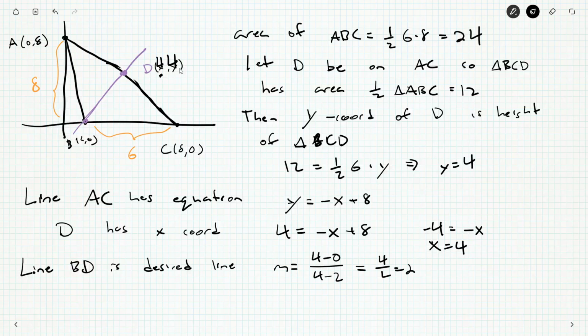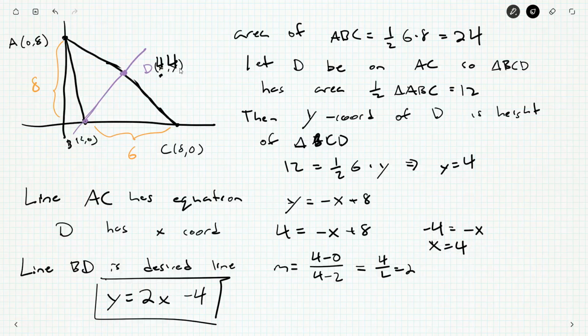It's 2. So y is equal to 2x, and 2 times 2 is 4, so it'll be minus 4. If you want to, of course, you can plug in the point and show that you're calculating the minus 4, but I think it's quite clear from here. So there's our equation. That's the line through B that splits this area in half.